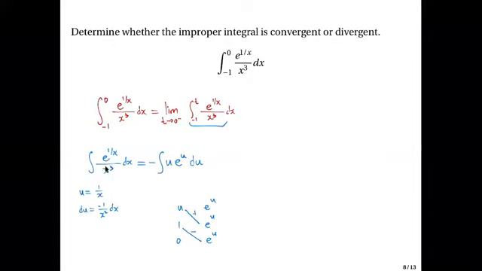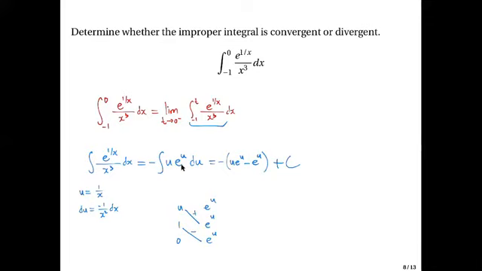If you don't remember this tabular method, you can always use your IBP immediately. But anyway, this becomes minus quantity: u e to the u, then minus e to the u, and then plus c here.